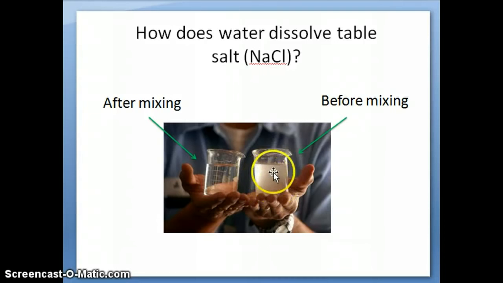You'll see that the solution is a little cloudy because at the beginning the table salt is still all there and not dissolved. But if you take a spoon and start mixing, at some point the table salt is all dissolved in water and you no longer see any particles. In other words, this is your homogeneous solution of sodium chloride. Our question here is, what does this look like on the atomic scale?